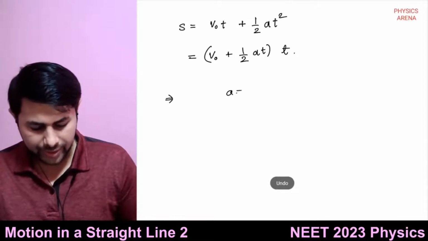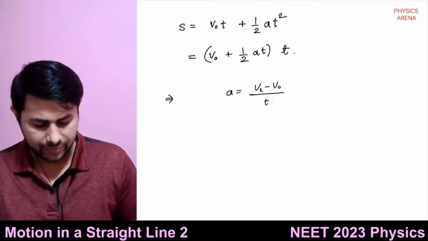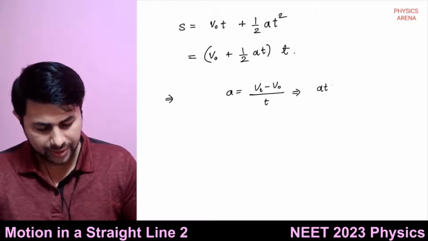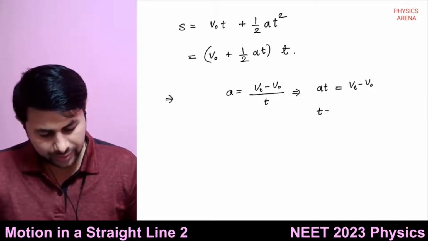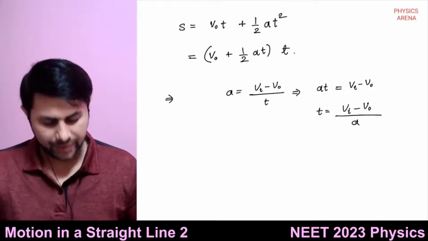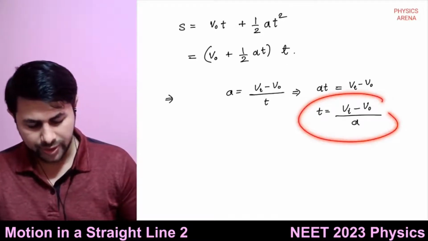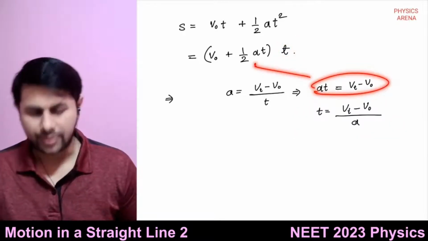A equals Vt minus V naught divided by t, or from here I can write At is equal to Vt minus V naught, and t equals Vt minus V naught divided by A. I will substitute for t over here, and for At over here.